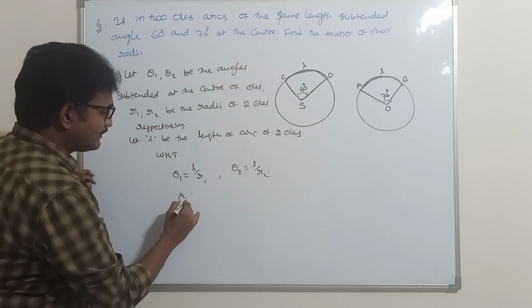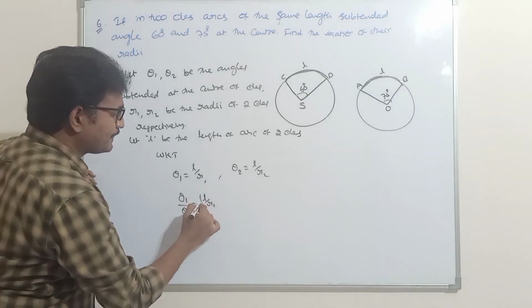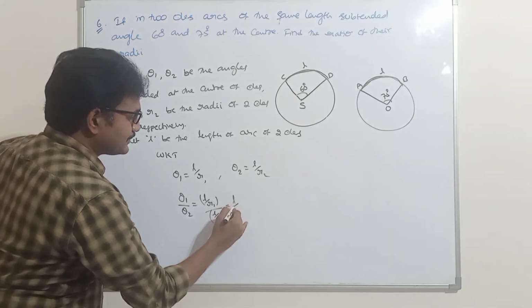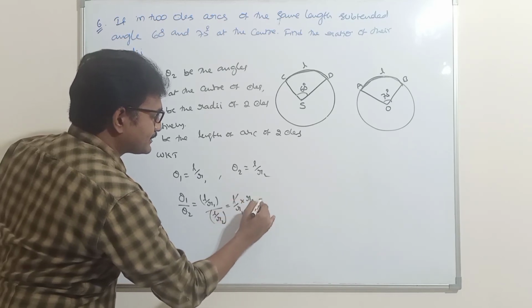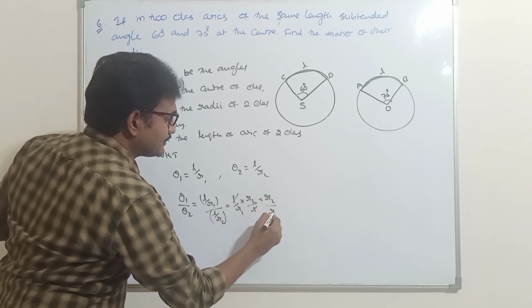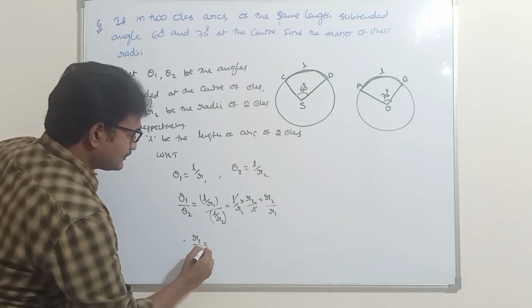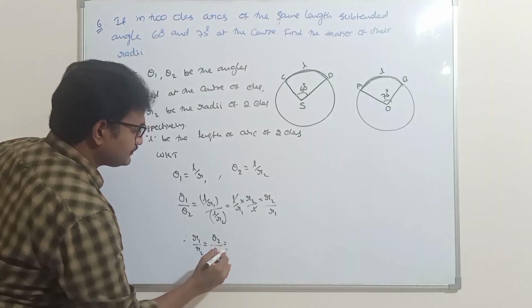That's why we divide theta 1 by theta 2. Then what will we get? L by R1 divided by L by R2, which is L by R1 into R2 by L; L gets cancelled, giving R2 by R1. Therefore R1 by R2 is equal to theta 2 by theta 1.